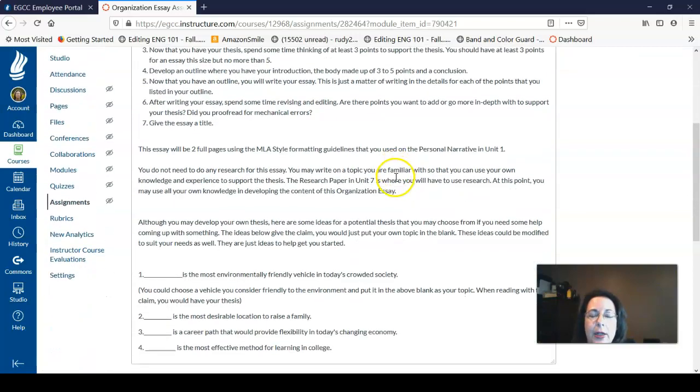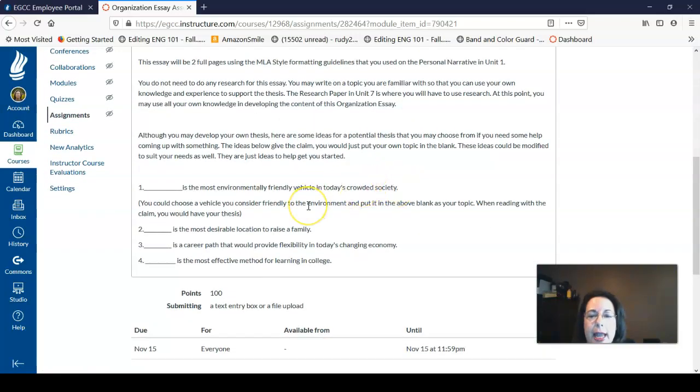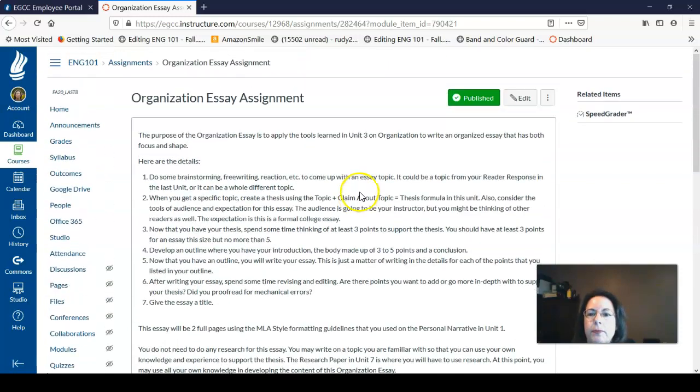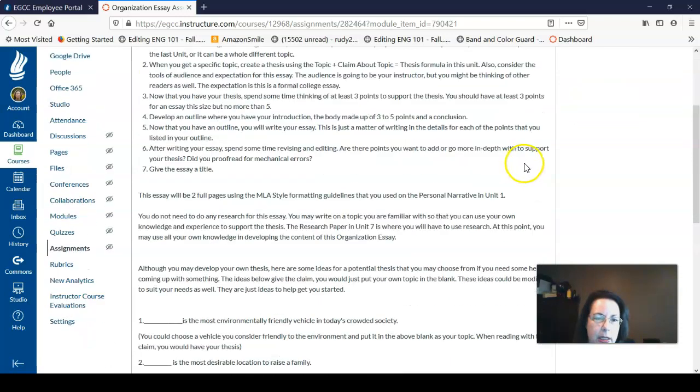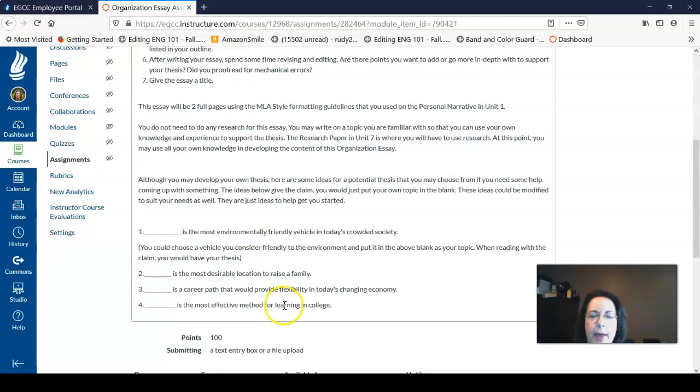It's not necessarily an opinion piece where you're going to say, in my opinion, and this is what I agree with. So the focus is going to be on the topic and not yourself. Okay, so once you have your topic, remember from the reader response, as long as it's not something you have to research, or one of these 4 topics.